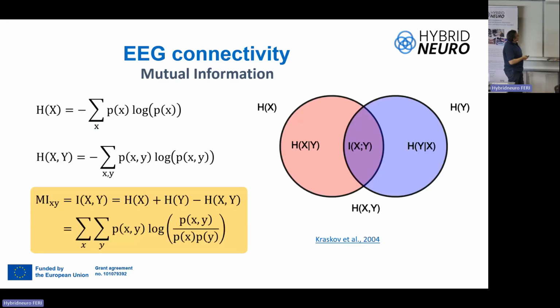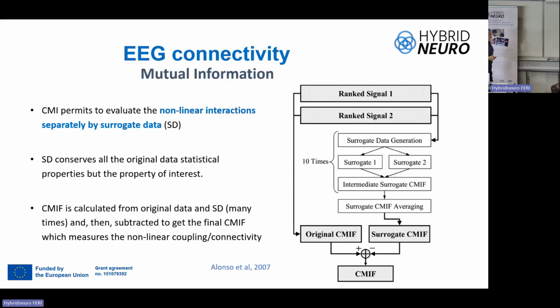This mutual information is interesting, and we have used it because we separated linear and non-linear dependencies. The relationship in the brain at different cortical levels can be linear or non-linear, and they are all mixed in the EEG recordings.